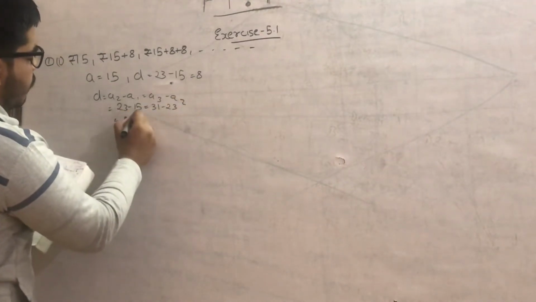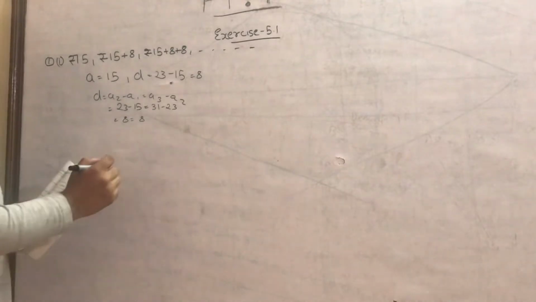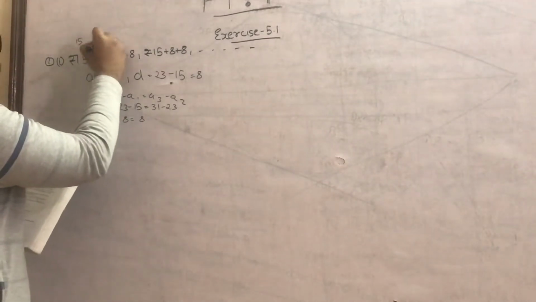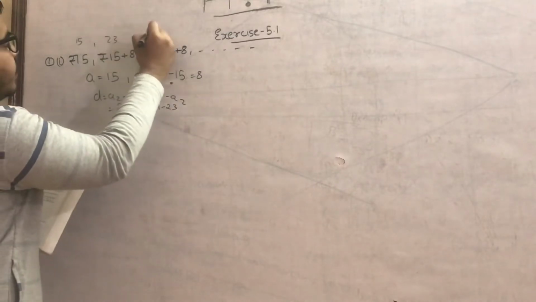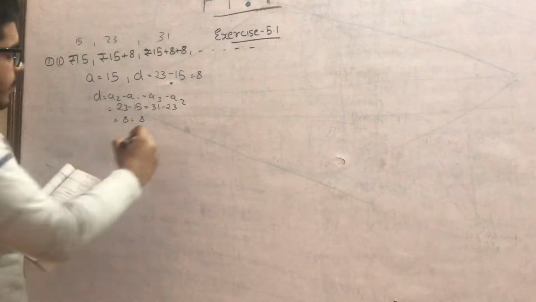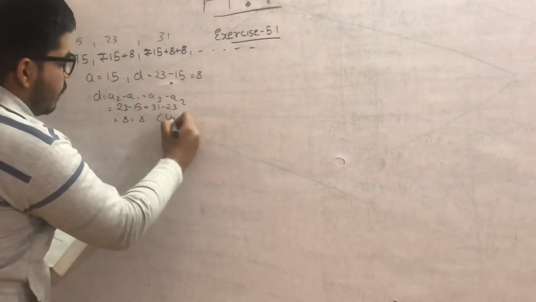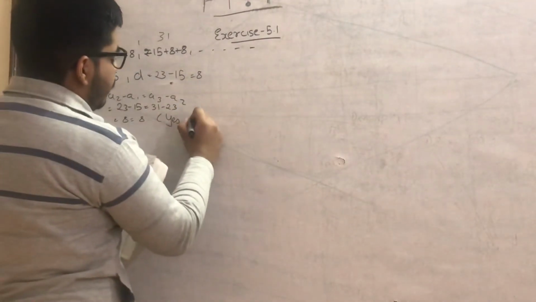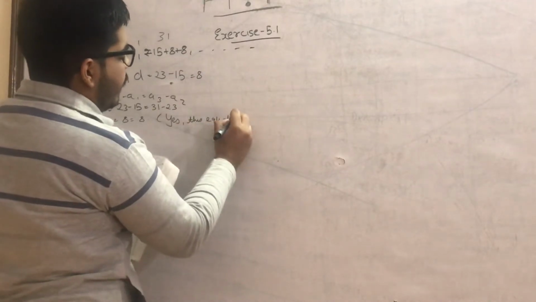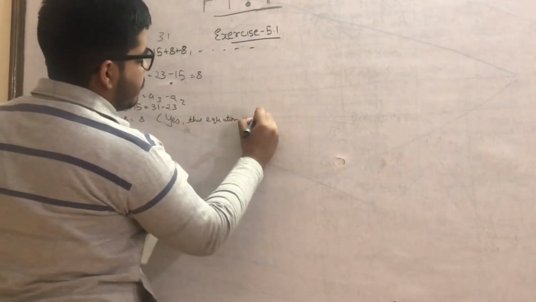You can write in that sequence where you have written above only rupees 15. Good. Yes, this. So the common difference is the same now. Yes, this is an AP.